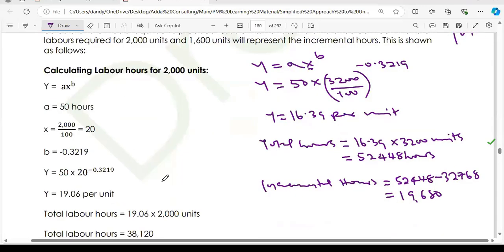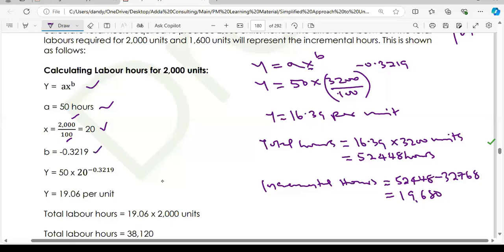So to do this, just apply the formula. A is 50. X, the required output, is 2,000, and output in the first batch is 100. 2,000 divided by 100 gives us 20 units. Then B, we've already done B, which is log of learning rate over log 2, which produces minus 0.3219.